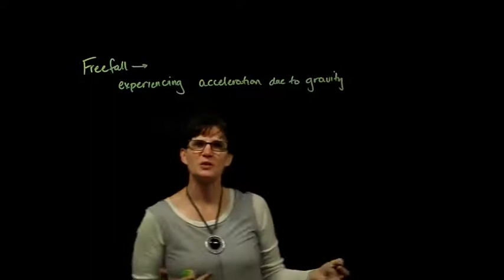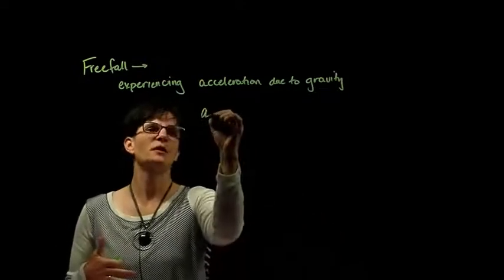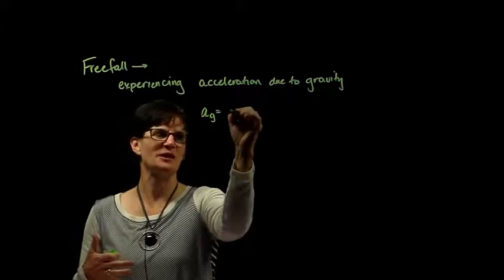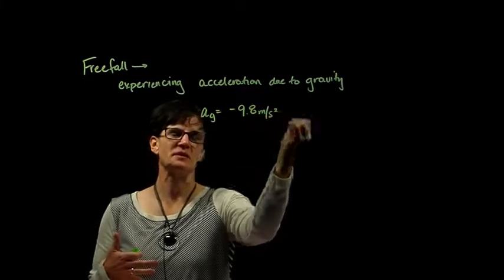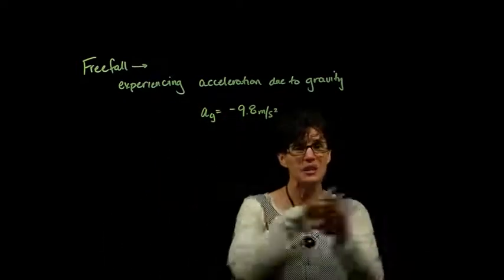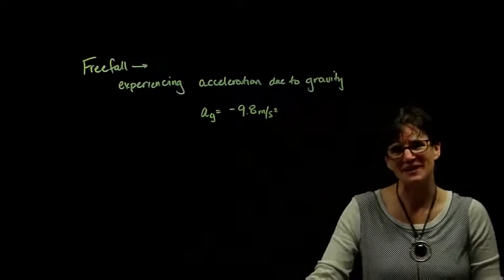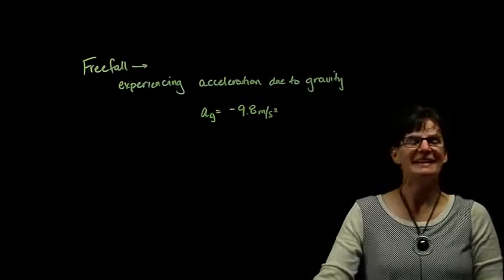But the acceleration due to gravity has a constant value. It's constant depending on where you are on the Earth, but for the most part, we're going to use the value of negative 9.8 meters per second squared. So if an object is in free fall, it has an acceleration, period, of negative 9.8 meters per second squared. So why do we get tripped up at this peak idea?